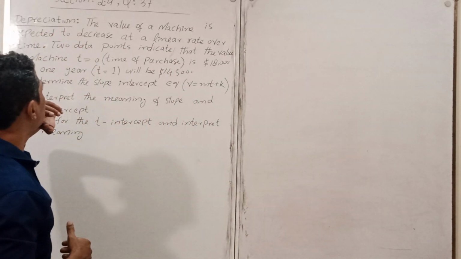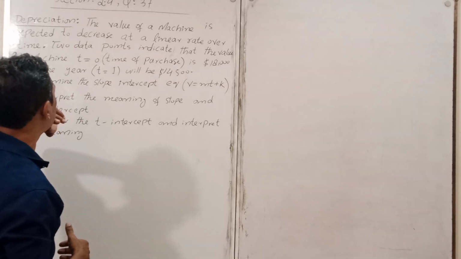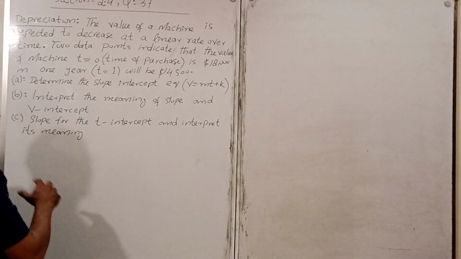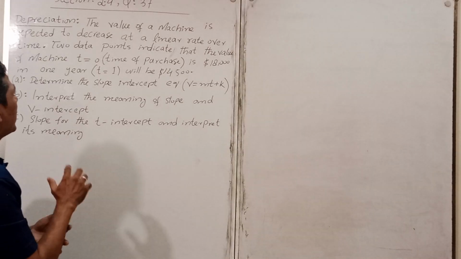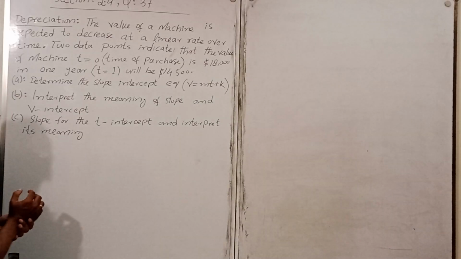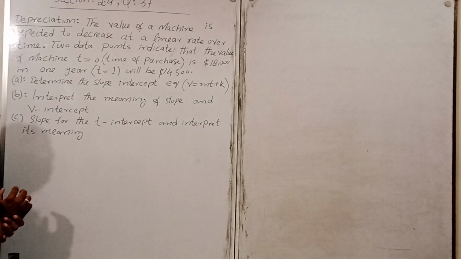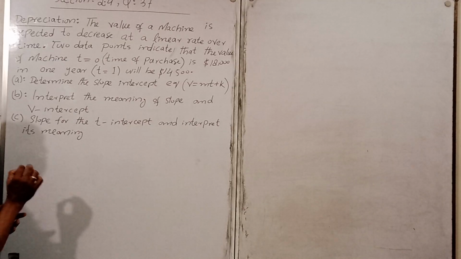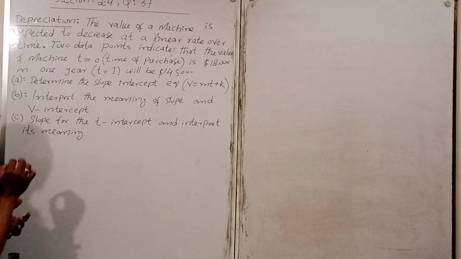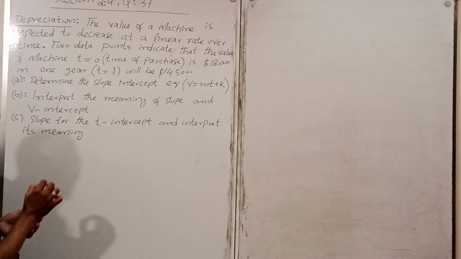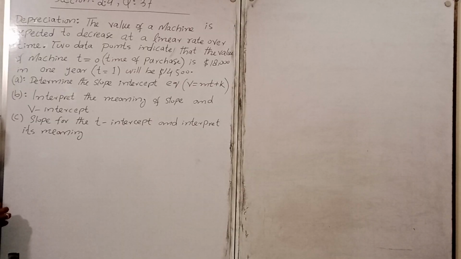Now let's start this question. The value of a machine is expected to decrease at a linear rate over time. Two data points indicate that the value of the machine at t equal to 0, the time of purchase, is $18,000.